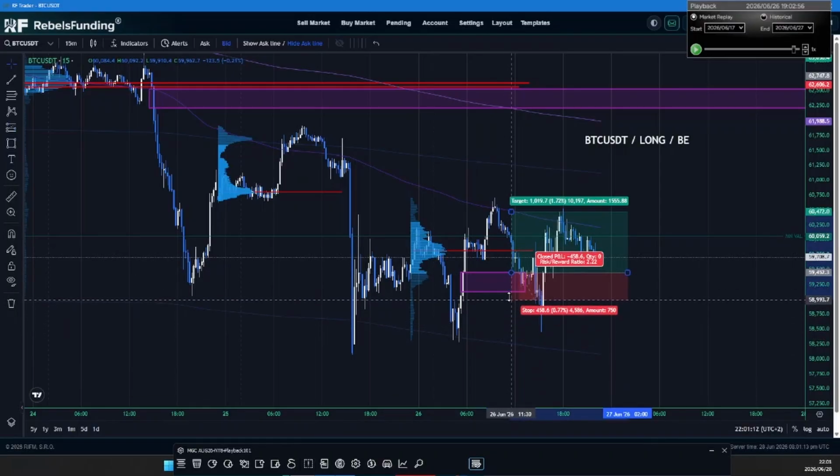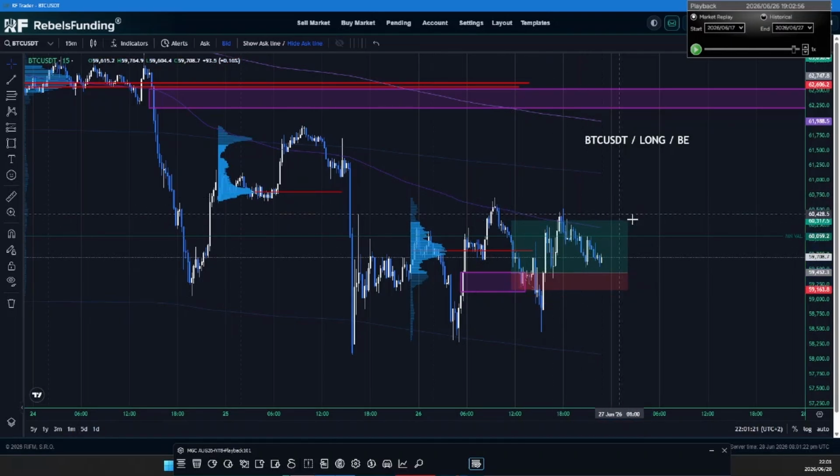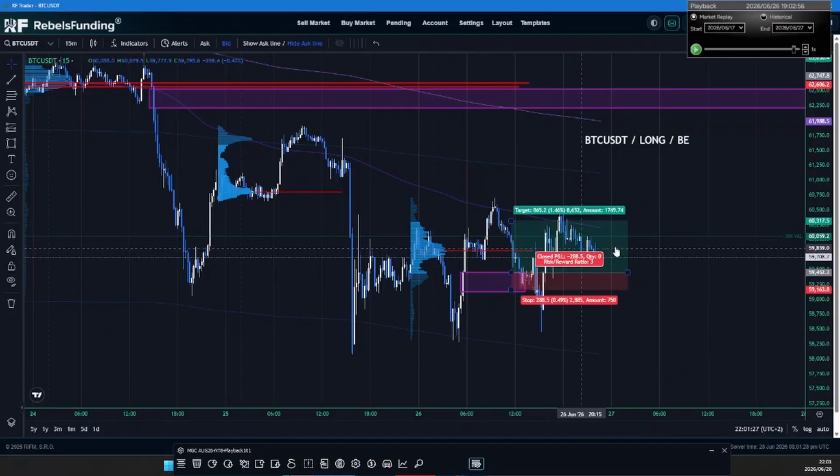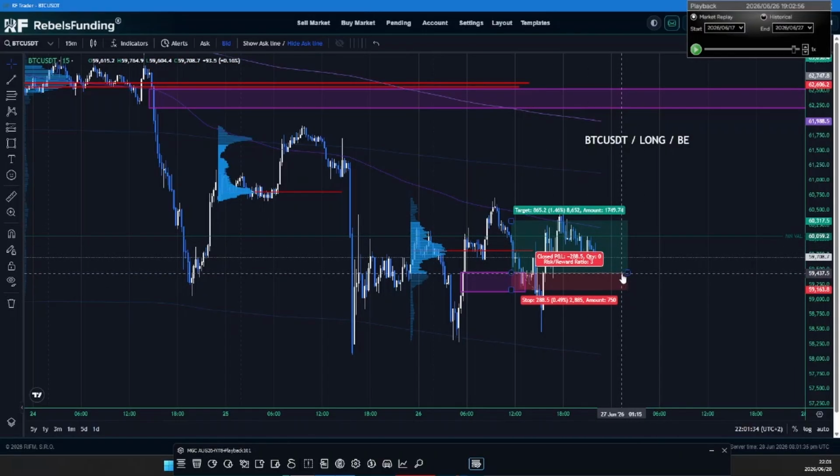If we look at our target, firstly, it seems reasonable. 3R is about the upper VWAP. However, if we look at the structure in the market, we have to punch through this daily point of control and the monthly value area low, all in the way of our trade in order to get to that target.